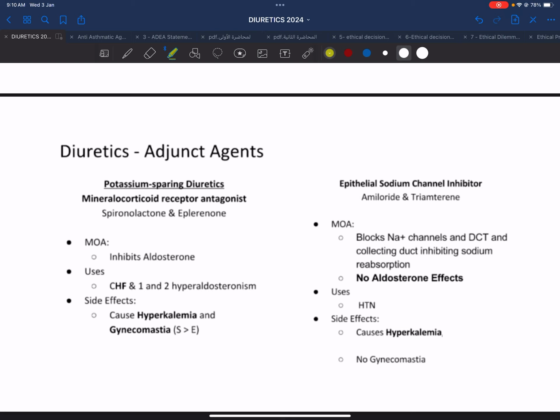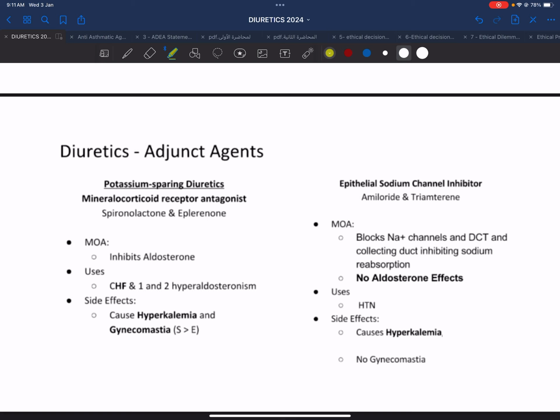There is a condition where there will be more accumulation of water, and the reason will be aldosterone. So we say congestive heart failure stage 1 and 2, and hyperaldosteronism, where the aldosterone level is high. In that case we will use spironolactone and eplerenone. Mostly we use spironolactone, but we also use eplerenone.